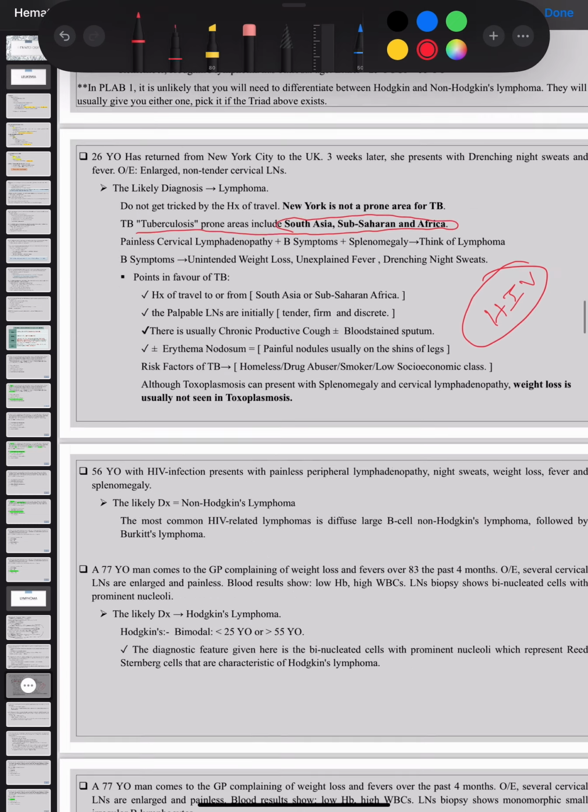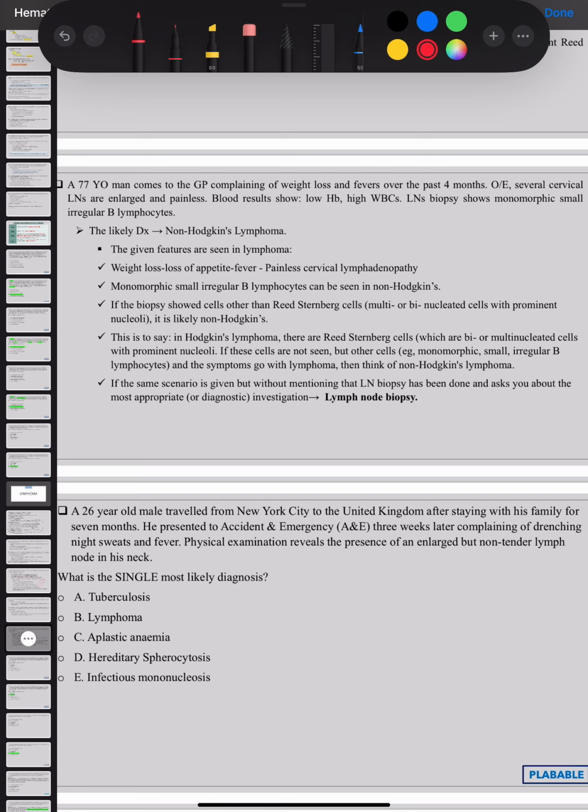Let us move to solve some questions first. Okay, this is our first question. How will we read this question? From the last line. What is the single most likely diagnosis that is given here? Tuberculosis, lymphoma, aplastic anemia, hereditary spherocytosis, infectious mononucleosis. From these options, we can think that we are dealing with the hematology section, except tuberculosis.